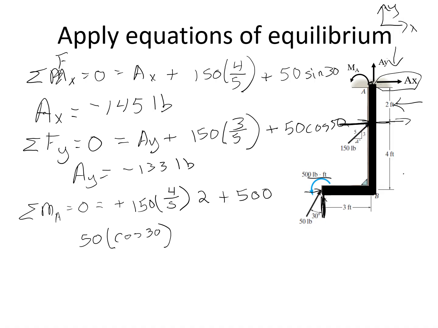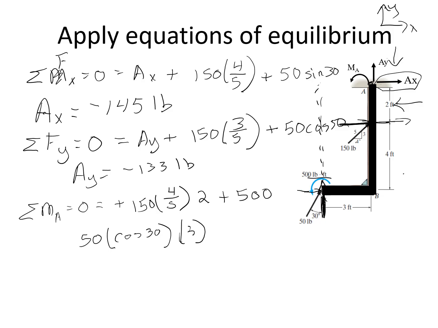And the distance from A to the line of action of that force is going to be 3 feet. And this y component is tending to rotate the beam here clockwise, so it will be negative.